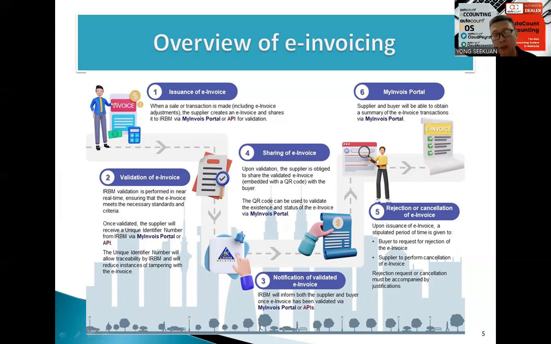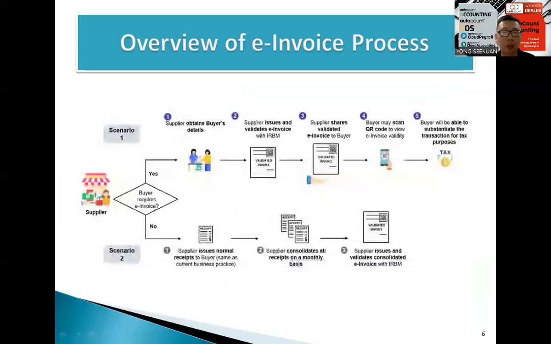Then you can share this invoice with your buyer, I mean your customer. Number 5, you can do any rejection and cancellation. Then later you go to the government system they call the MyInvoice portal. You can retrieve any data for reporting purposes. This one we will discuss in more detail later.